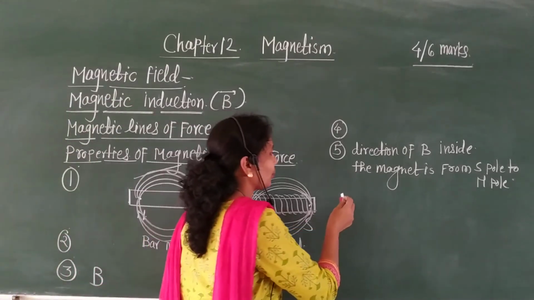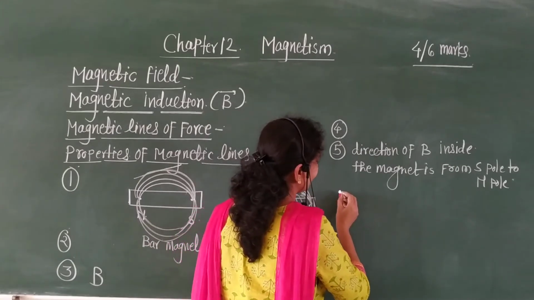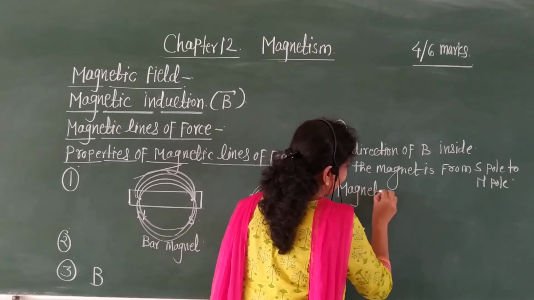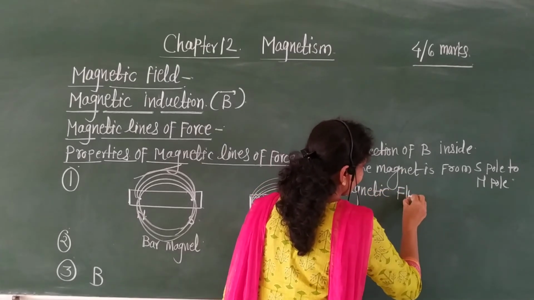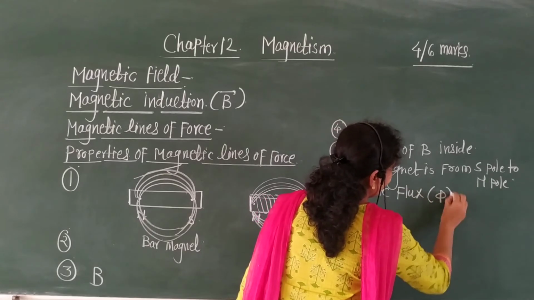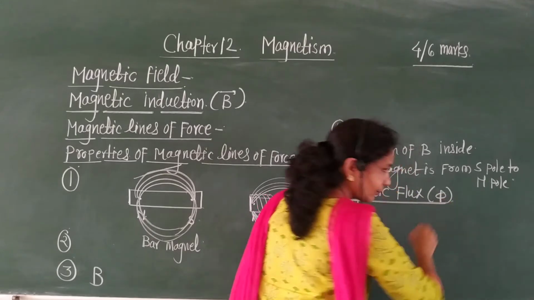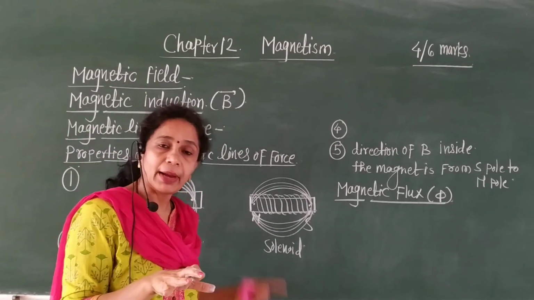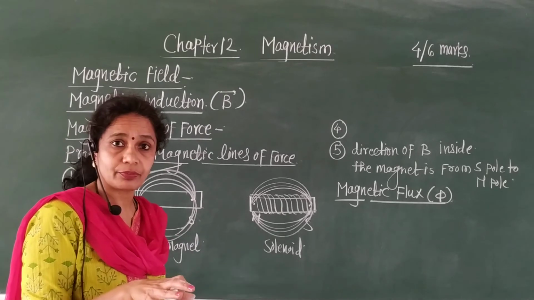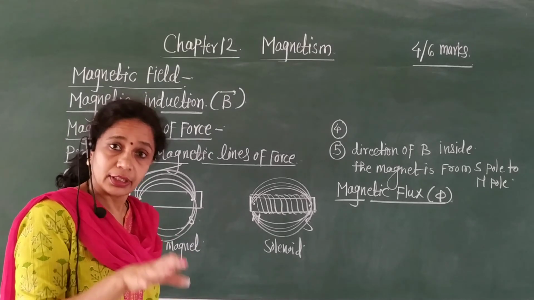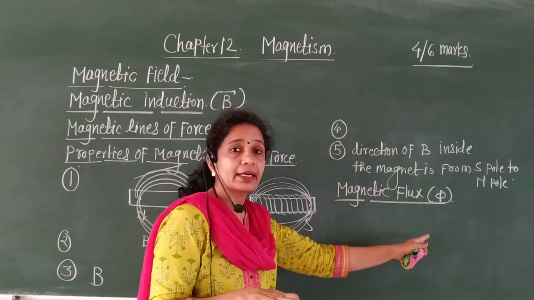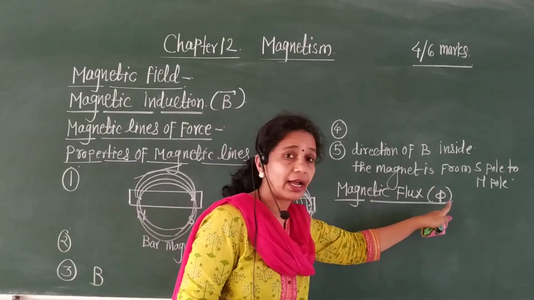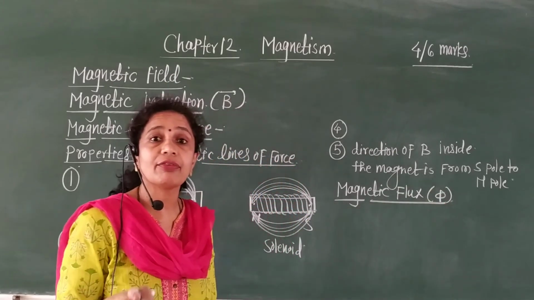Then the next physical quantity is magnetic flux. It is denoted by letter phi. What is the magnetic flux? The number of magnetic lines of force is called magnetic flux, and it is denoted by letter phi.